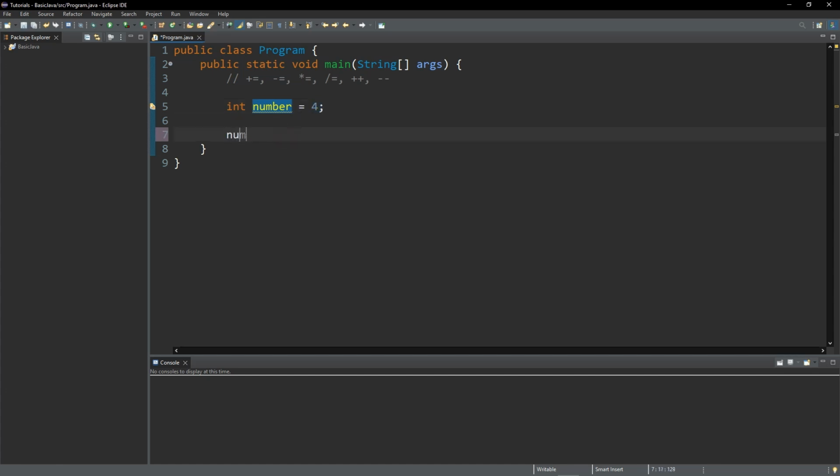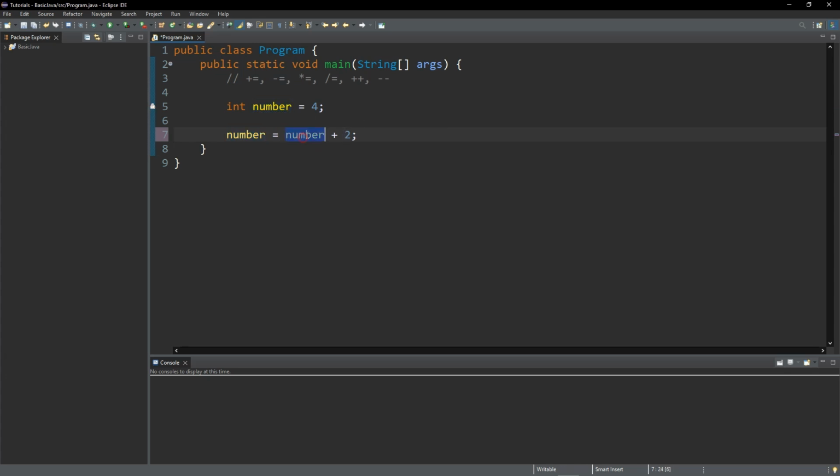So if I say number equals 5, we've reinitialized it, right? But what if I wanted to, let's make this 2, make it a little easier for our brains. Let's say I wanted to add 2 to the already existing number. I've showed you guys how to do that already by saying number equals number plus 2.